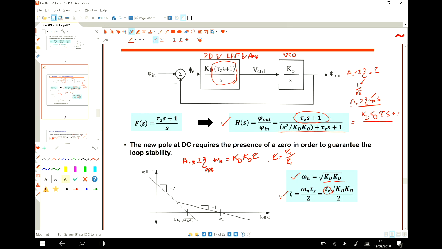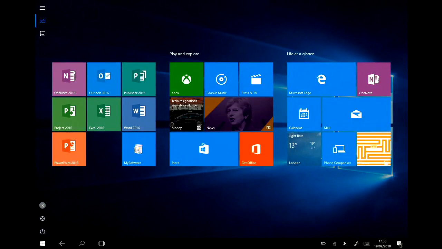How is this graph plotted? Which one? Oh, sorry. I'll open it again.